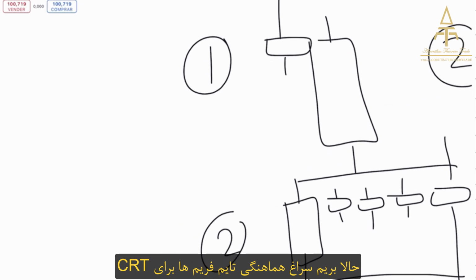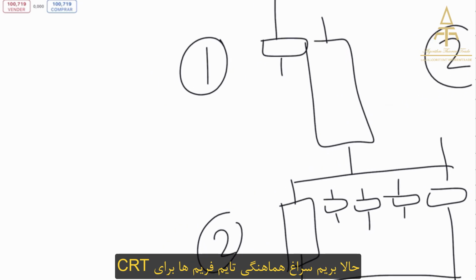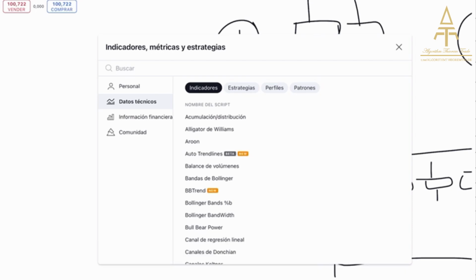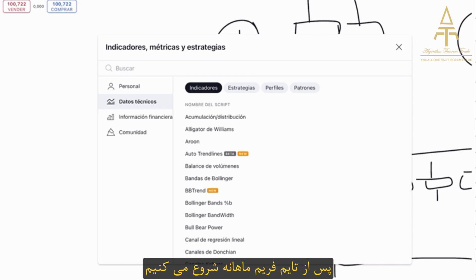Now it comes to the time frame alignment of CRT. Let's start from the monthly and go down all the way to the 4 hour. So we start at the monthly.